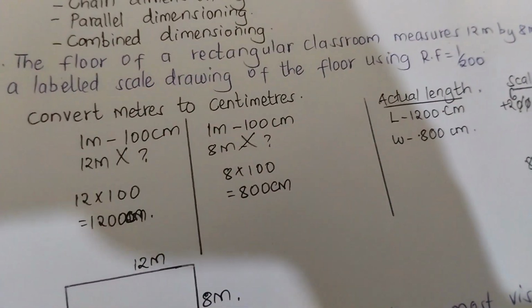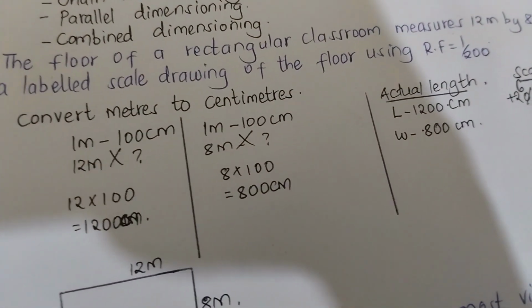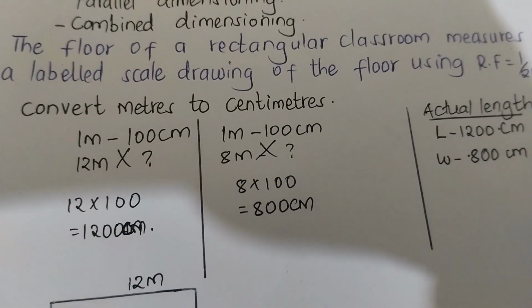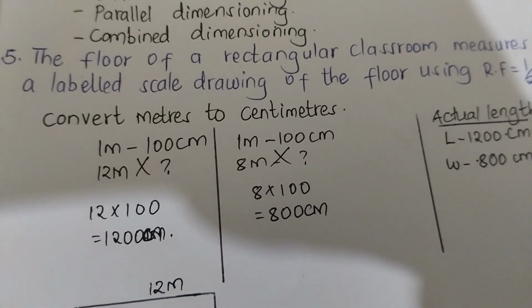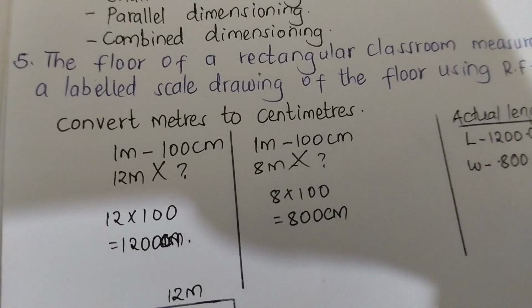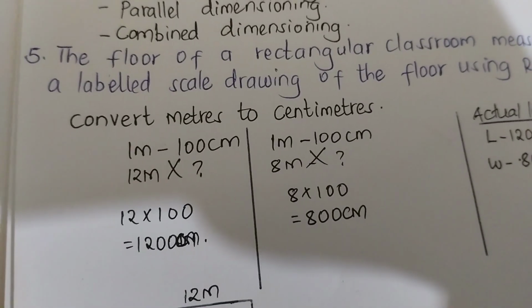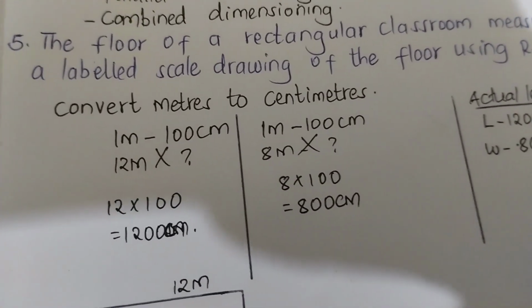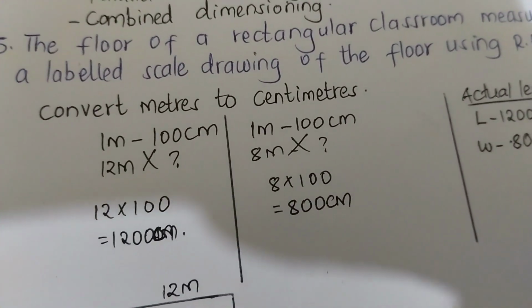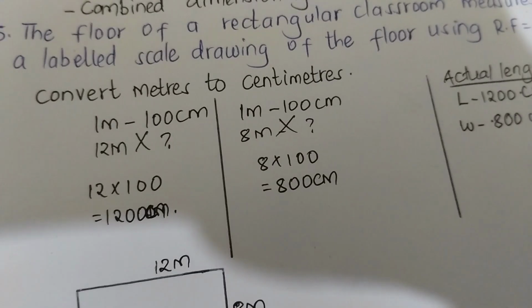The measurements are in meters, so you have to convert them to centimeters. 1 meter is normally equal to 100 centimeters. So what about 12 meters? When you convert that, you get 1200 centimeters. And when you convert 8 meters, you get 800 centimeters.